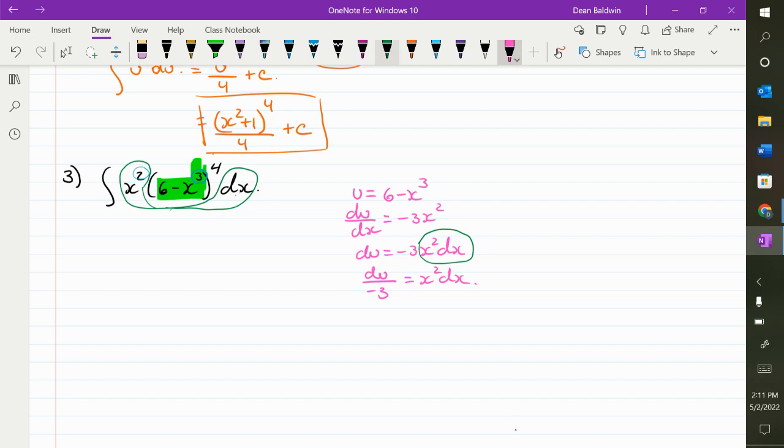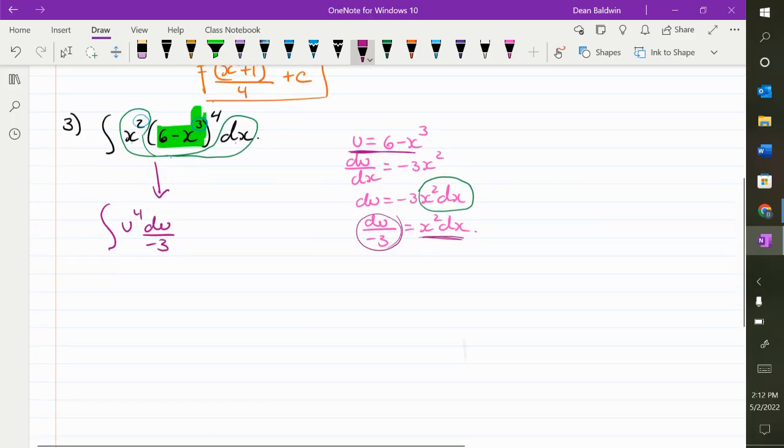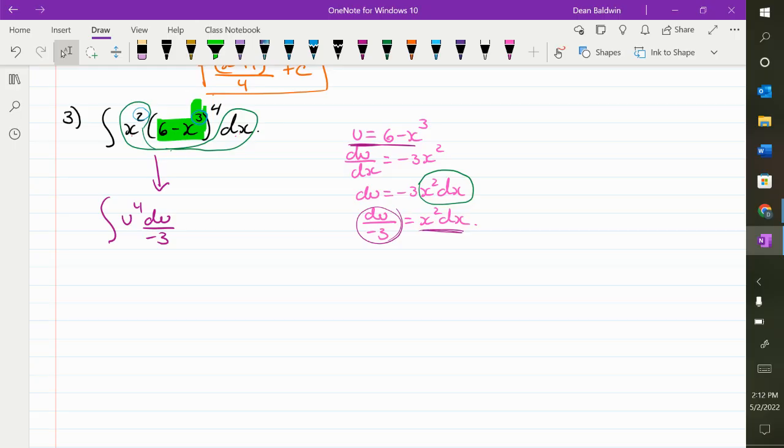So this integral now becomes the integral, not of 6 minus x cubed, it's u to the power 4, and x squared dx becomes du over -3. All right. We can pull constants out.